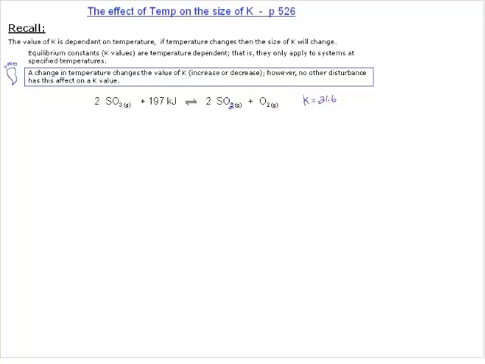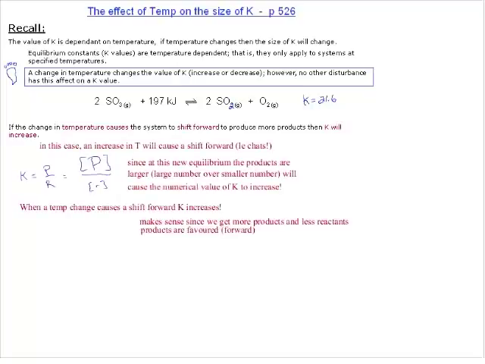Okay? So the question would be, well, let's start manipulating the temperature here. So it says if the change in temperature causes the system to shift forward to produce more product, then k will increase. Well, what do we mean by that? If we look at this particular reaction, let's cause this to shift forward.